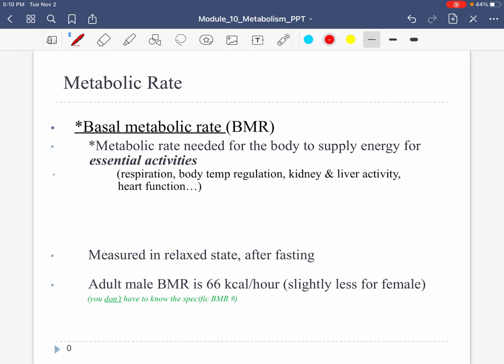So you should know what I'm putting in red. How do we measure metabolic rate? Well, we have to first define. We can talk about basal metabolic rate. Basal metabolic rate is the energy needed, or metabolic rate needed, for essential activities.